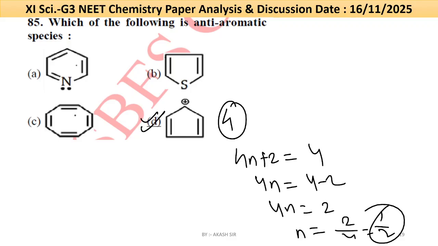So option D is your anti-aromatic, because n must be an integer: 0, 1, 2, 3, 4, 5, 6. Here it becomes 1 by 2, so it does not follow the rule of aromaticity. So this is an anti-aromatic.